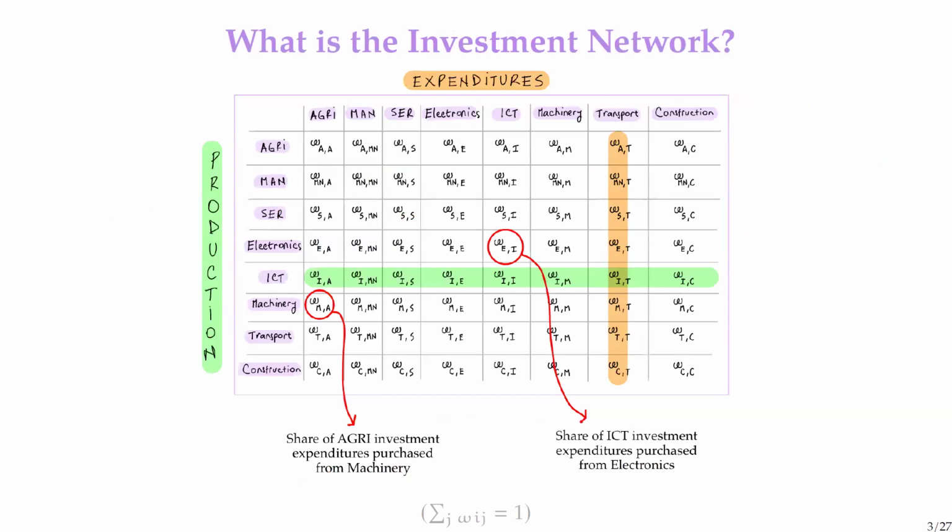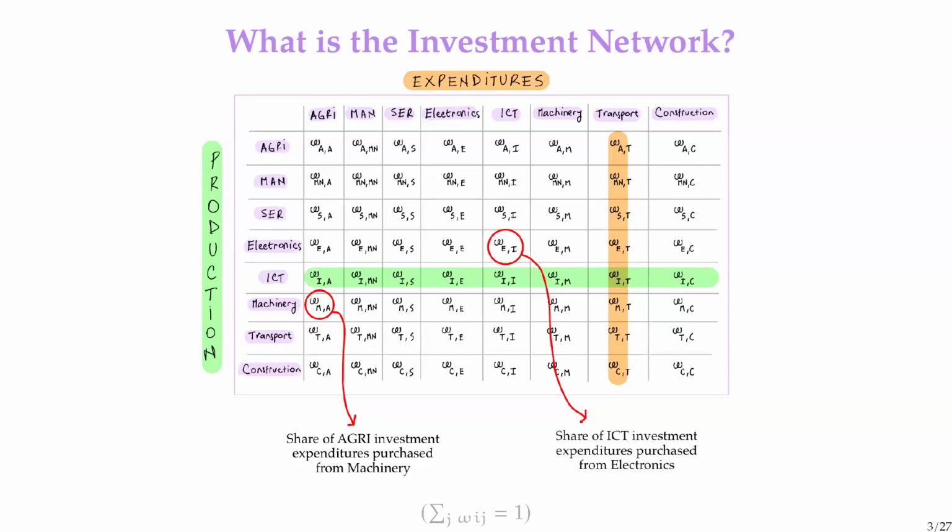Let's consider, for example, the green row. This will represent the relevance of ICT as a provider of investment to other sectors in the economy. So if many sectors rely on ICT, then the sum of this row will be very high, otherwise it will be low. Now let's focus on the orange column.